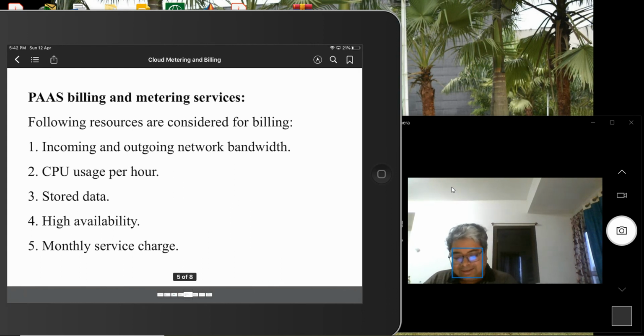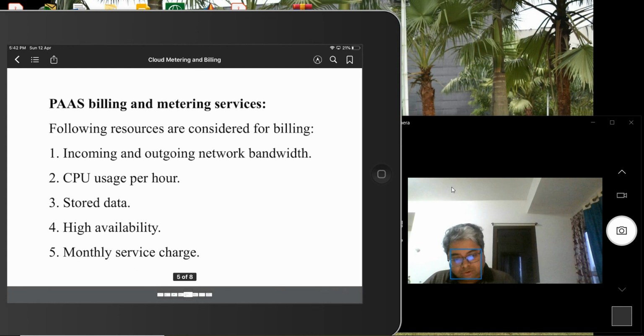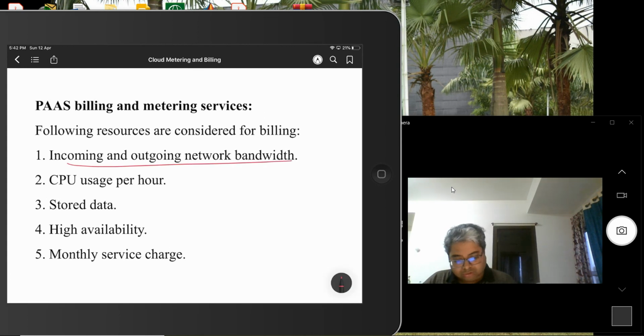In that case, if multiple APIs or IDEs are involved to create your ideal platform, we need to take care of the incoming and the outgoing network bandwidth. Another is the CPU usage per hour.